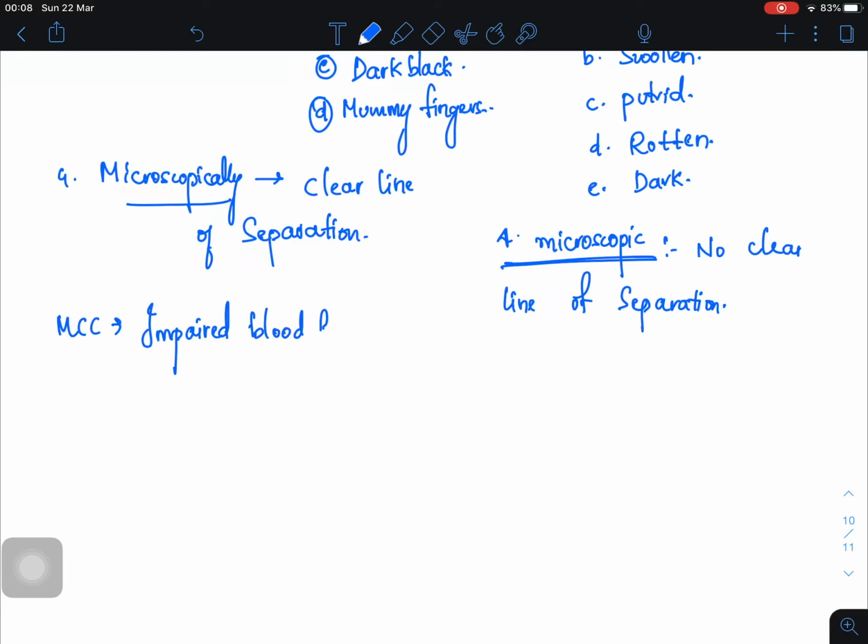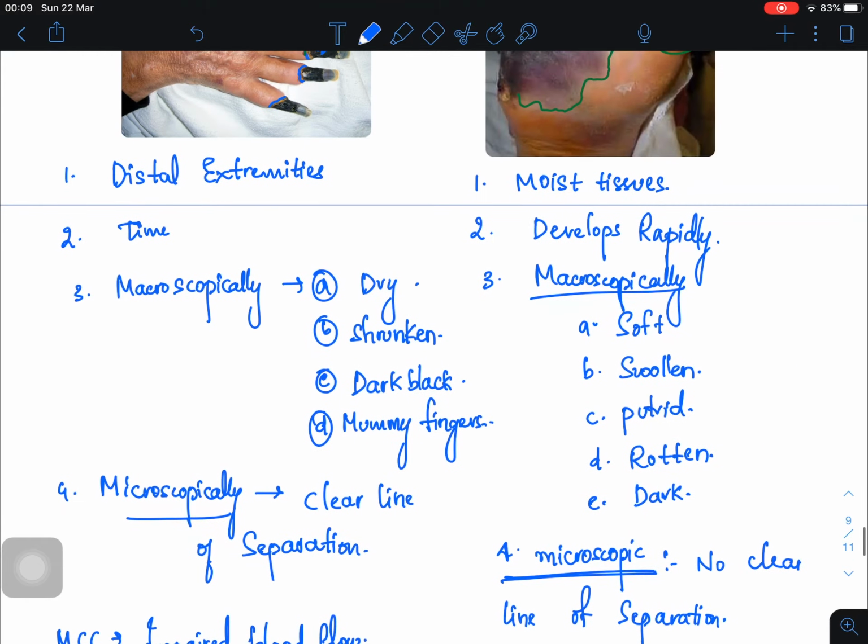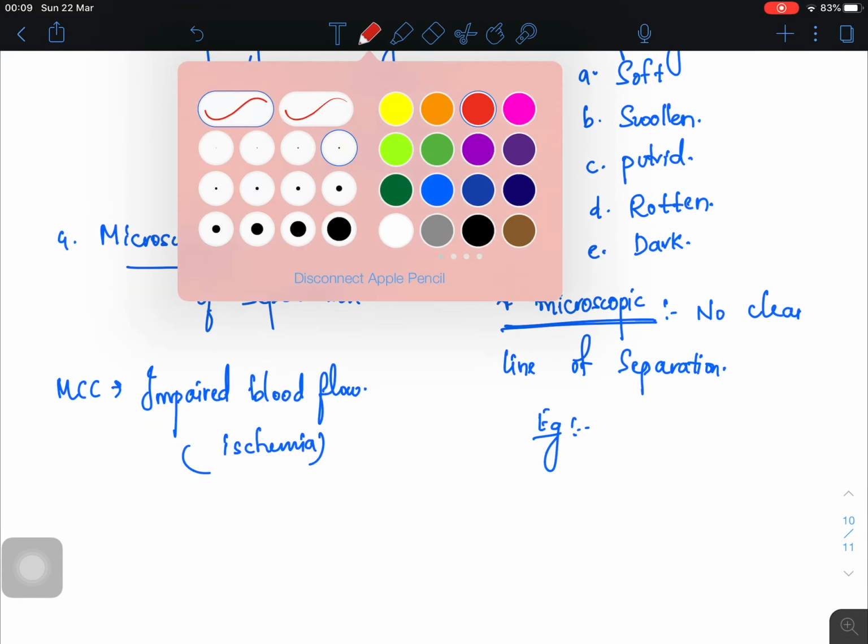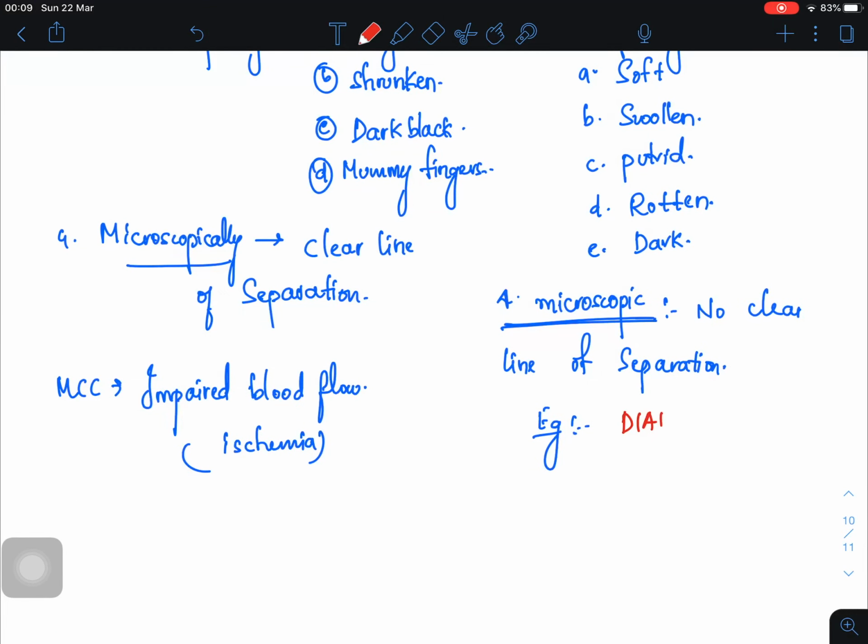So impaired blood flow, right? I can also call it ischemia. Clear? So what is the single most common example here? The example of wet gangrene is diabetic foot. Diabetic foot is an example of wet gangrene.